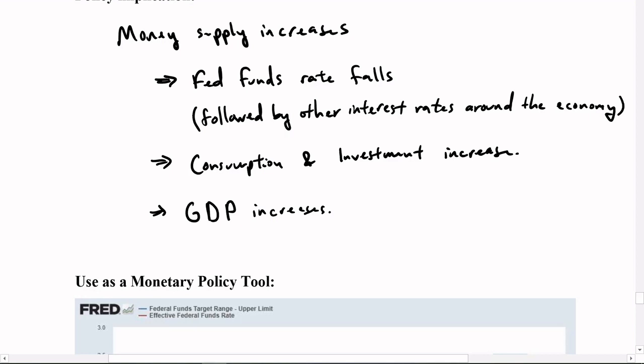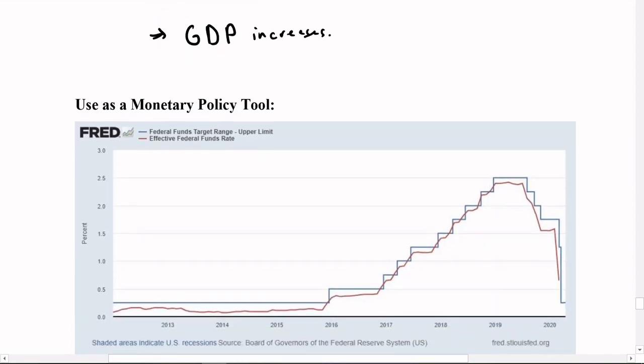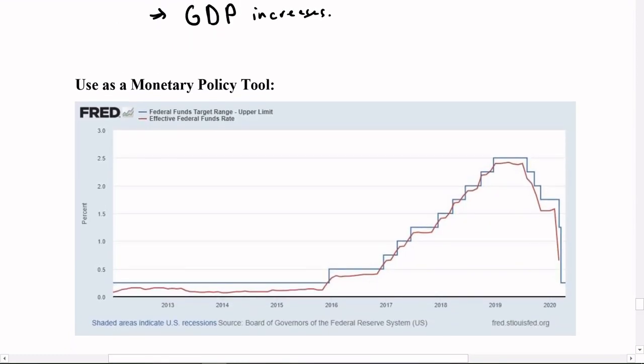Okay, and so that's the idea behind open market operations. And you can see we've been pretty active in that realm as well. So this graph is showing us two things. One, like I said, it's an indirect method. The Federal Reserve is just setting a target rate with a range of 0.25%.